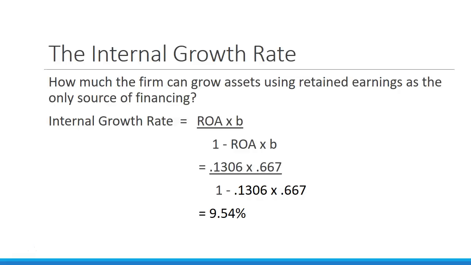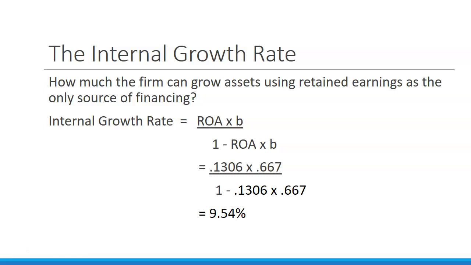So our internal growth rate looks at how much the firm can grow assets using retained earnings as the only source of financing. What amount do we have to add on assets, inventory, property, plant, and equipment, etc., if we only use our retained earnings as the financing? So the internal growth rate is the return on assets times the retention rate, divided by 1 minus the return on assets times our retention rate.